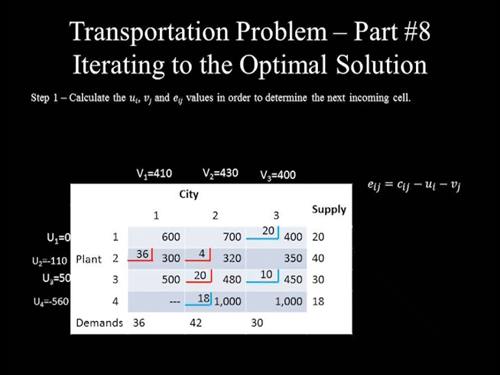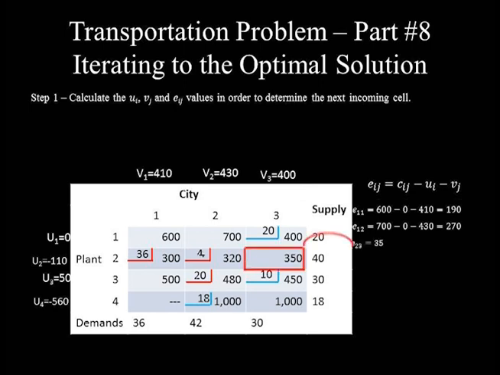When we continue to calculate the net evaluation indexes for the unoccupied cells, E sub 11 is equal to 600 minus 0 minus 410, which gives us 190. E12 is equal to 700 minus 430 minus 0, which gives us 270.